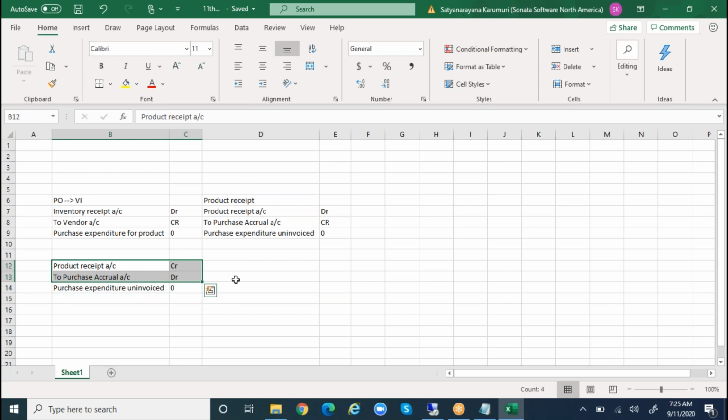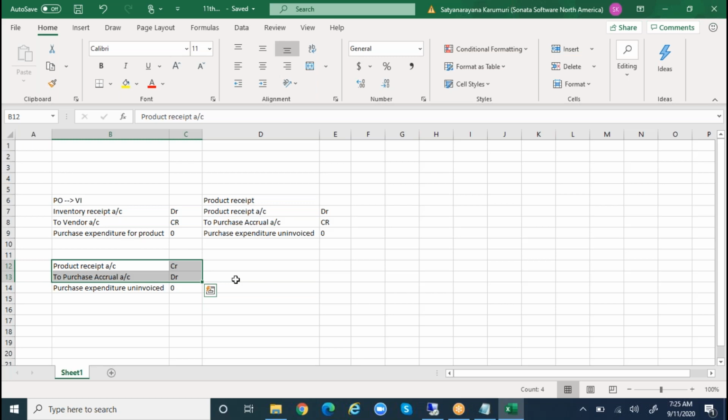If these balances are displaying here, it means some amounts are pending from the vendor. Of course, I will do follow up if it is required. We need to tell the vendor we have not received the vendor invoice from you.